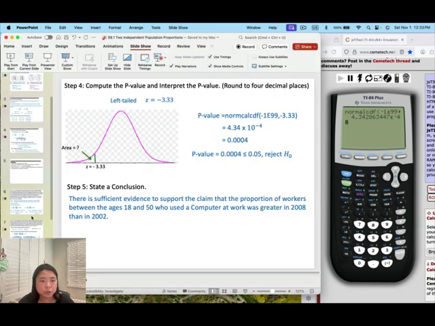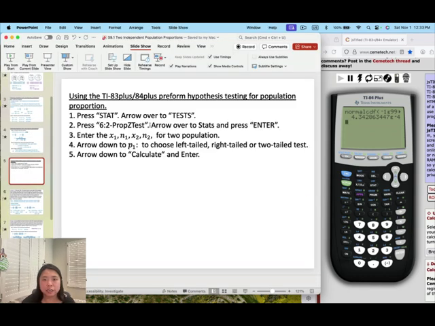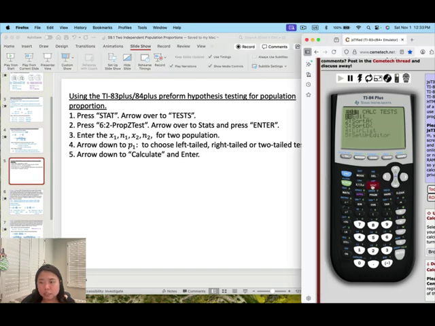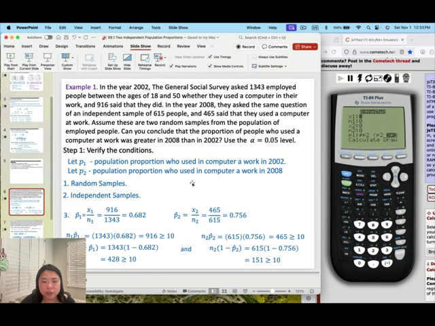Okay, we could use our calculator. Let's try to do it together. Go to STAT, go to TESTS, and then we're going to choose two population proportion z distribution, hypothesis testing. Enter. And then we're going to input those values.